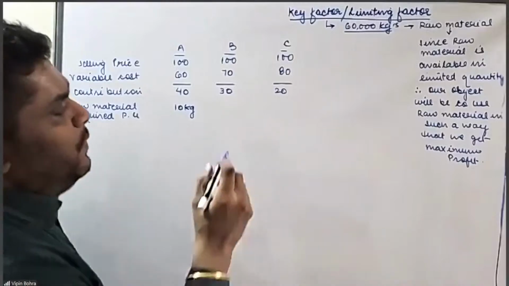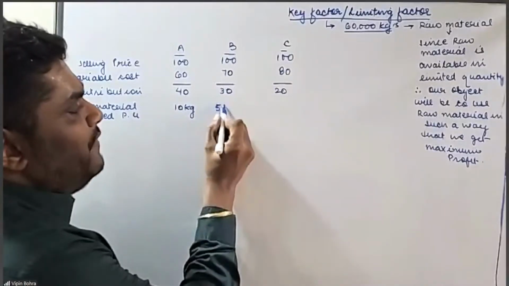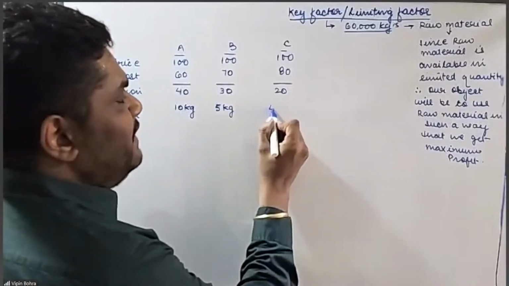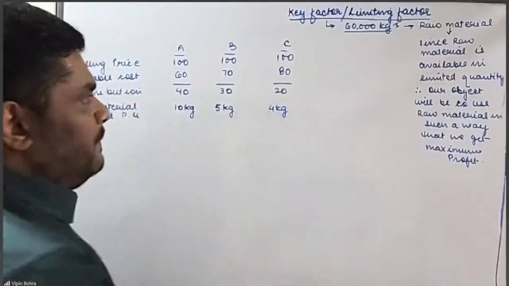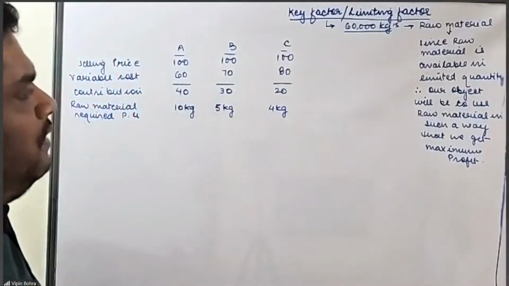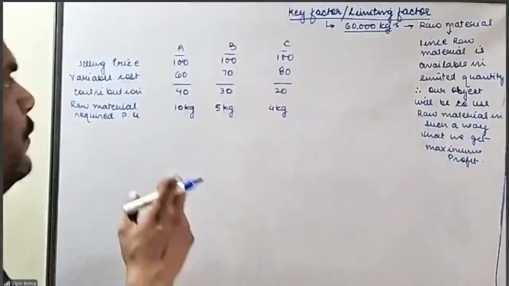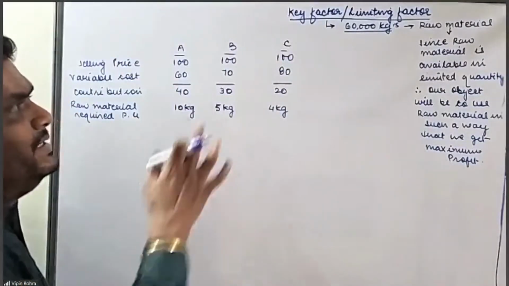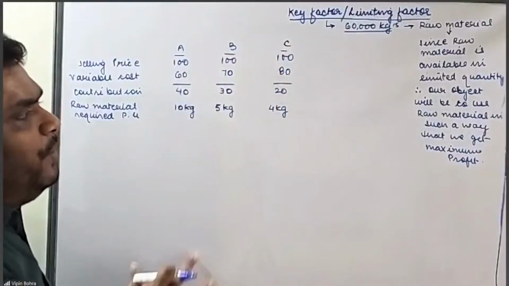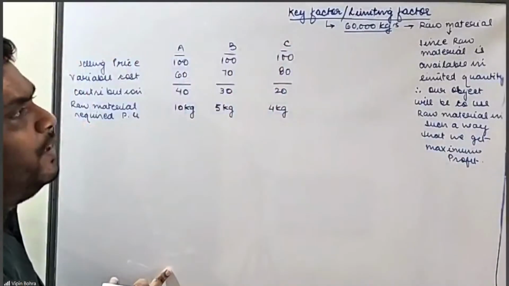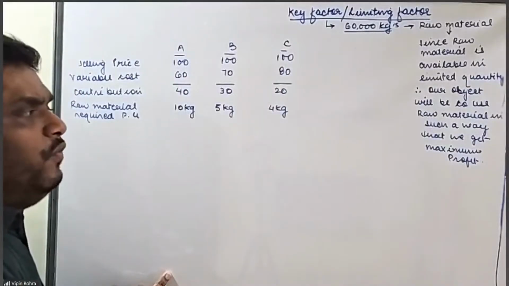To manufacture product B, let's say we require 5 kgs. And to manufacture product C, let's say we require 4 kgs. So to manufacture 1 unit of product A we will require 10 kgs, for 1 unit of product B 5 kgs, and for 1 unit of product C 4 kgs.